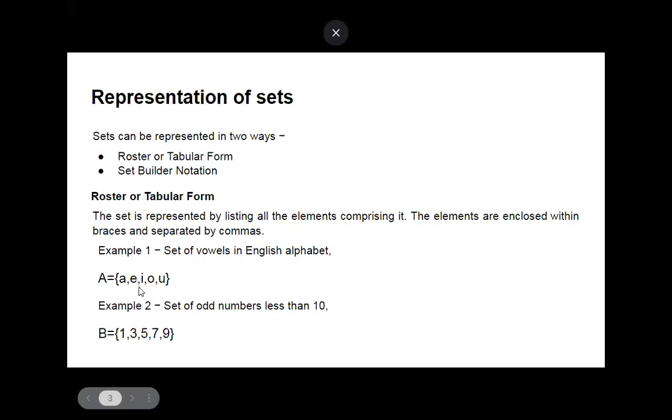These are the commas. We differentiate two elements in one set with the help of a comma. Getting? Example 2, we can take the set of odd numbers less than 10. What will they be? 1, 3, 5, 7, 9.